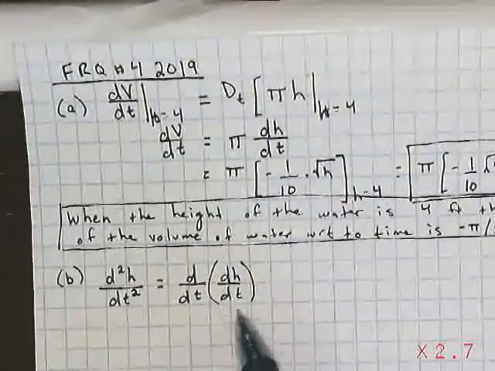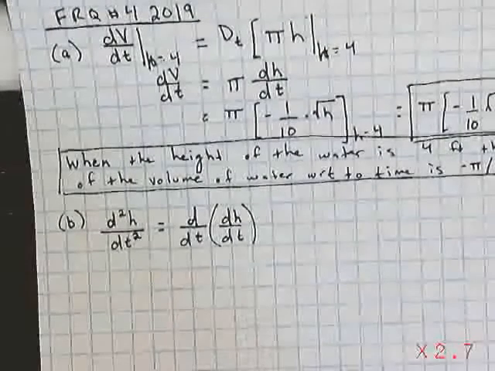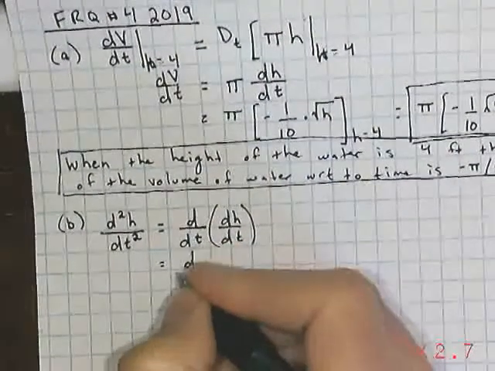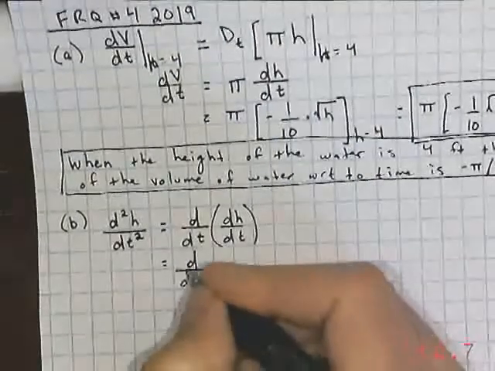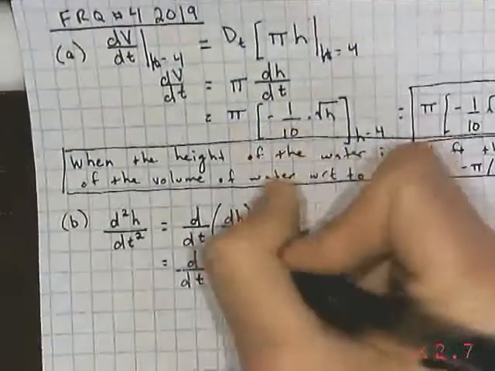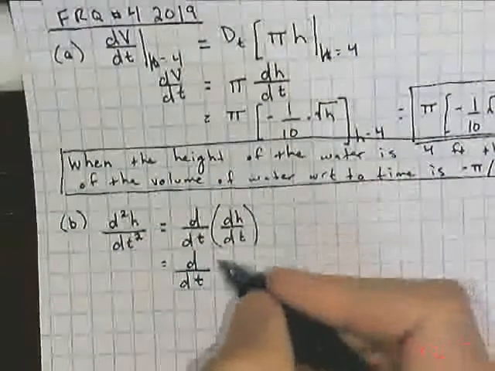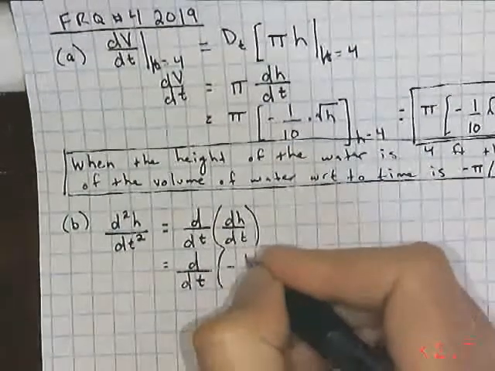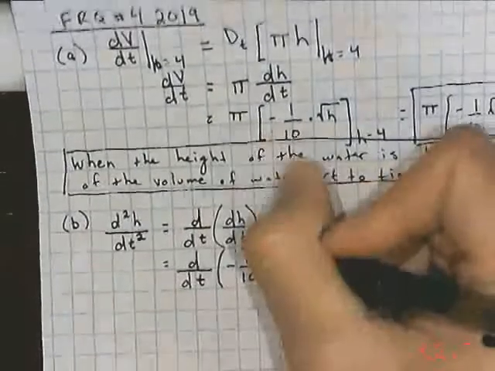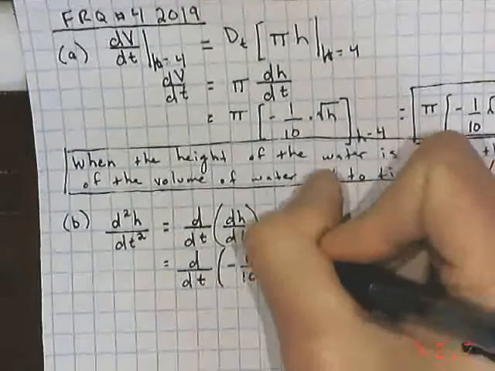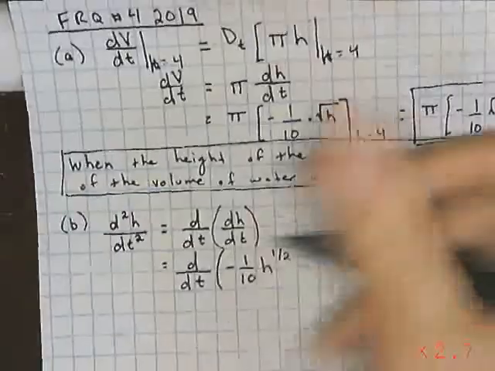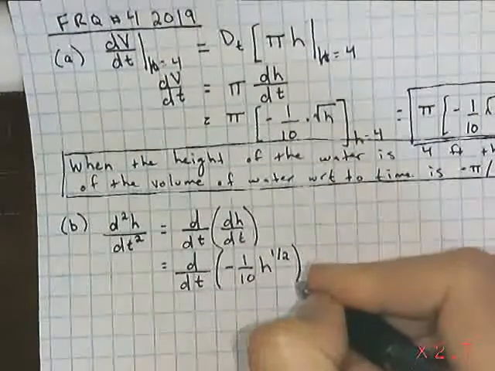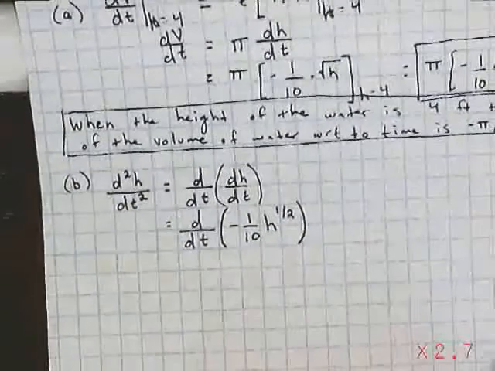So the derivative of dh/dt, again, we know what dh/dt is, so we'll plug that in. So the derivative of negative 1/10, let's call this h to the 1/2, and take the derivative.